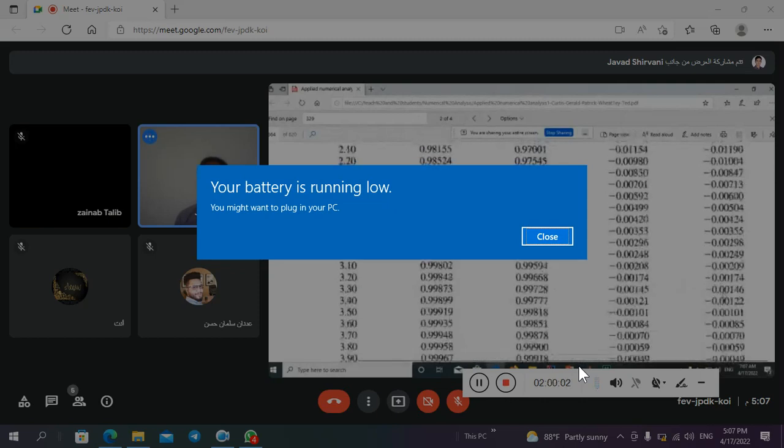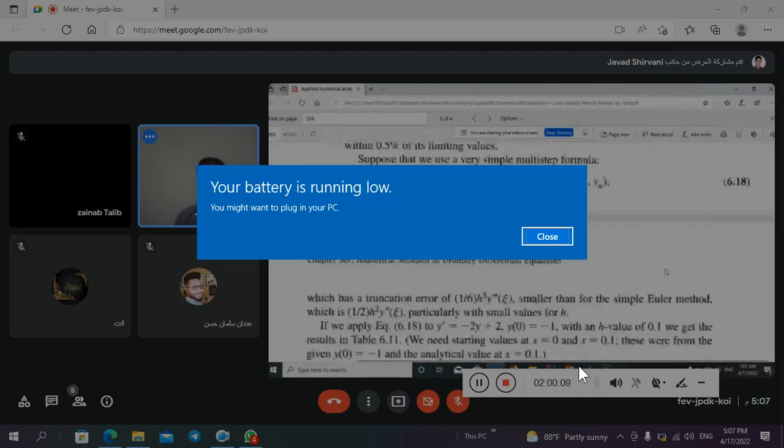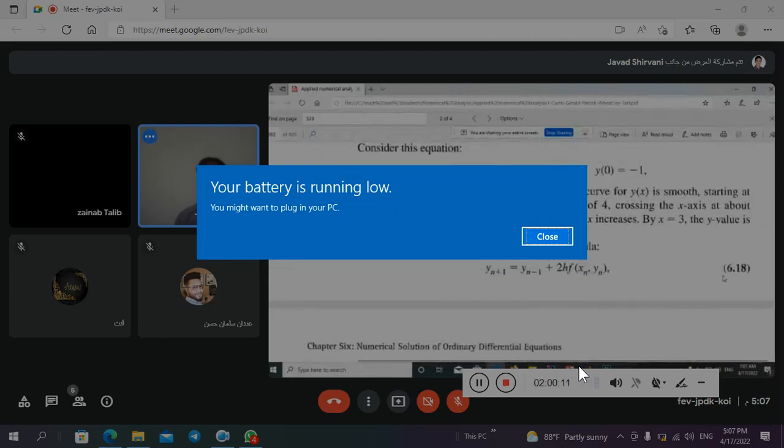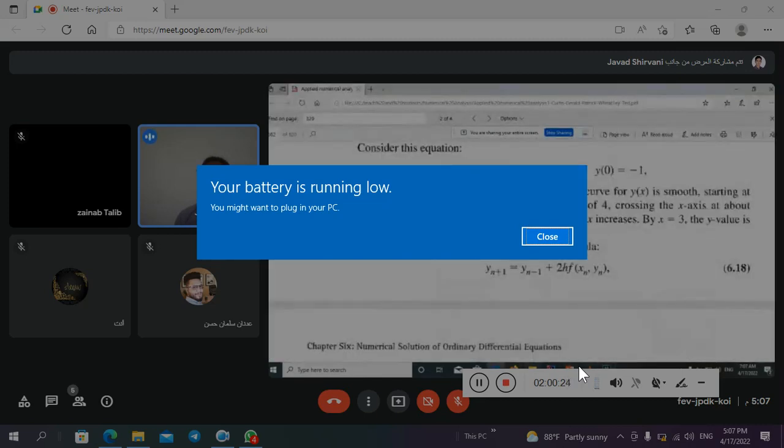The simple Euler method is a stable method, and this 6.18 approach is an unstable method, which has higher and higher amounts of error.